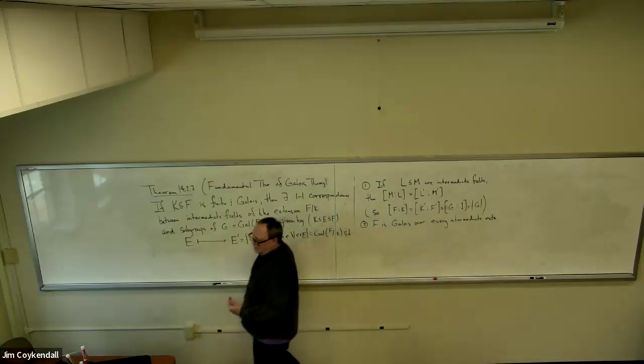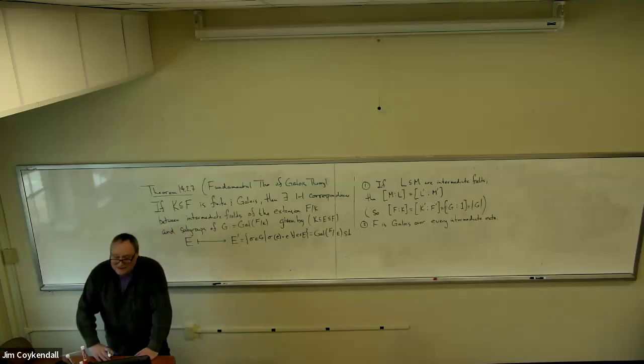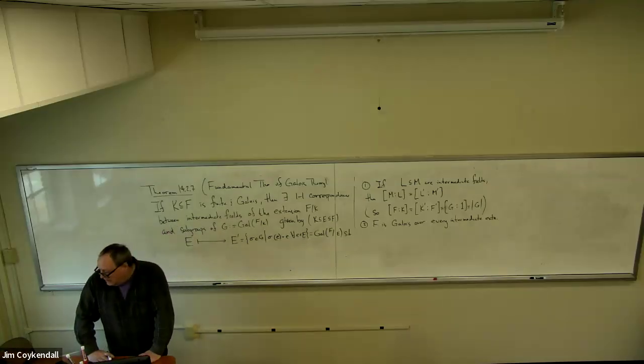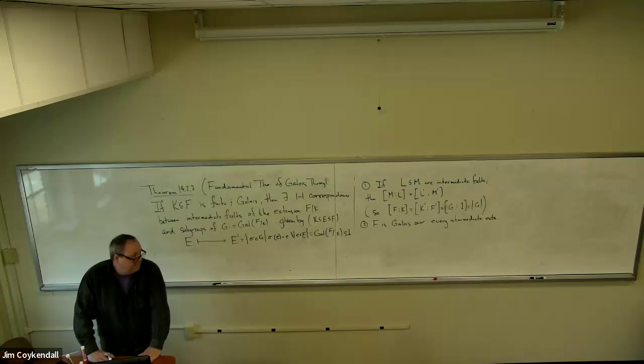So F is Galois not only over K, but it's also Galois over every intermediate field between.